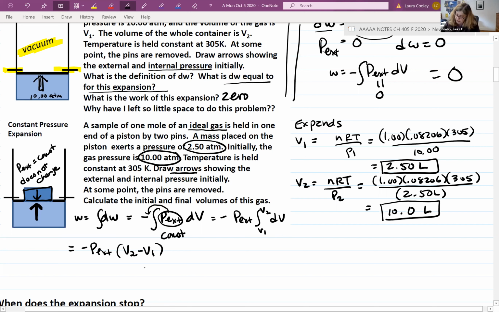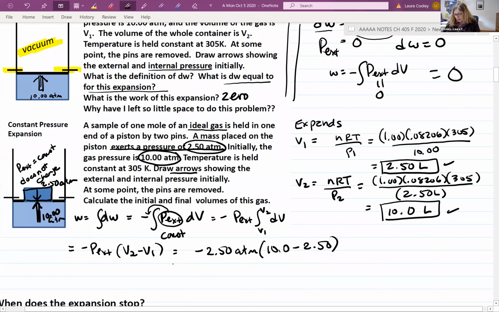We just calculated V2 and V1. So the external pressure exerts a pressure of 2.5, so that's 2.50 atmospheres times 10.0 minus 2.50.